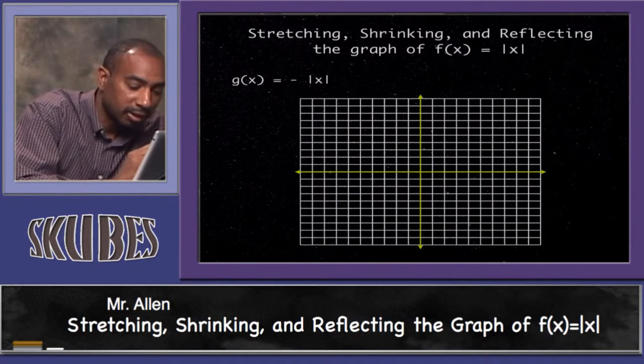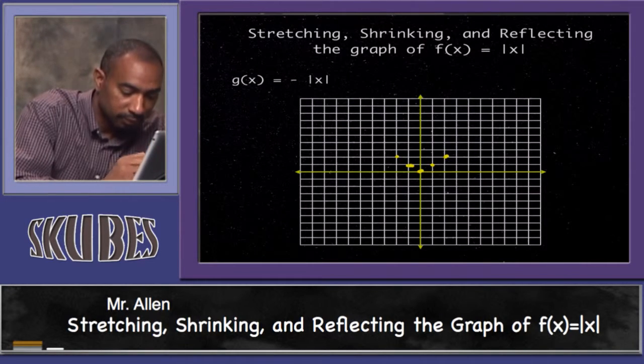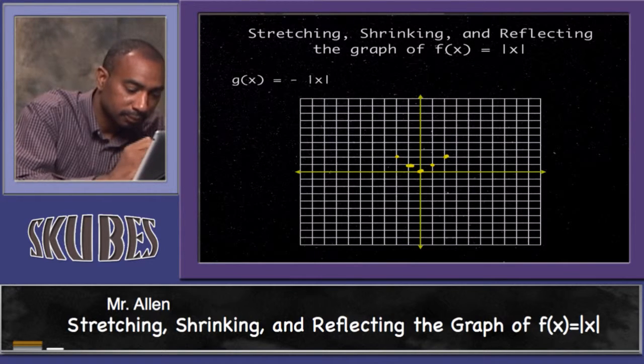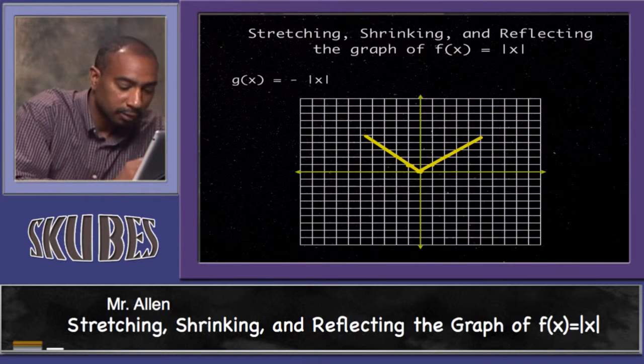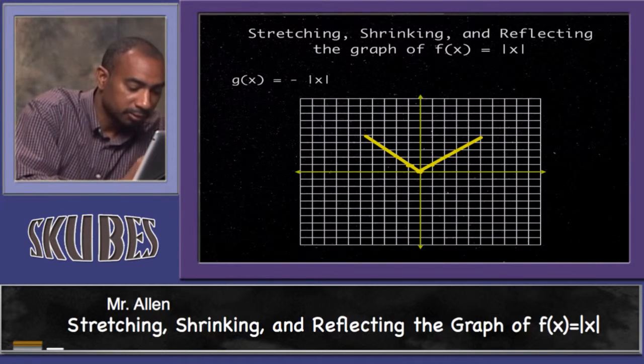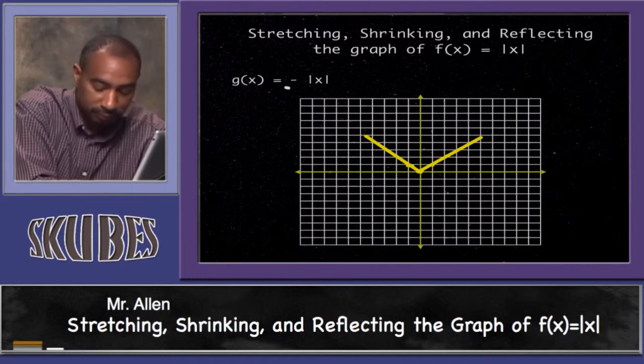All right, let's look at the original graph real quick. The original graph went out like this. And now we want to compare it to the graph with the negative in front.